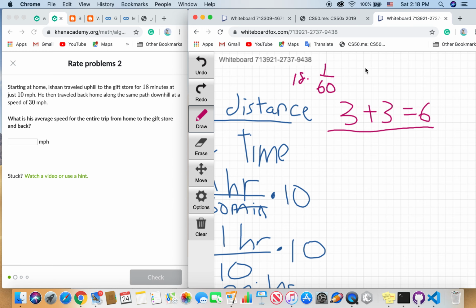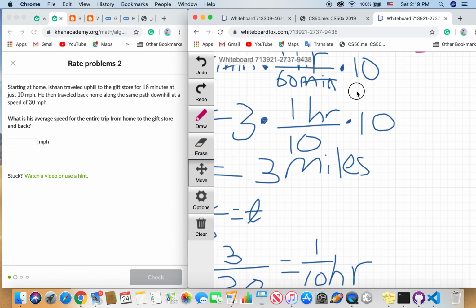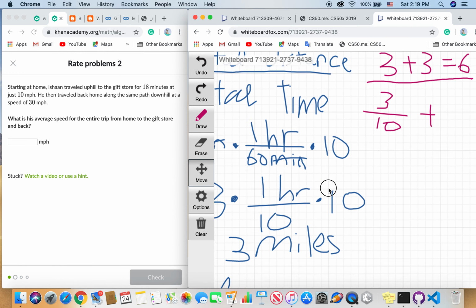So 18 over 60, divided by 6 on both sides, we get 3/10. And that's 3/10 of an hour. And we're going to add 1/10 of an hour.